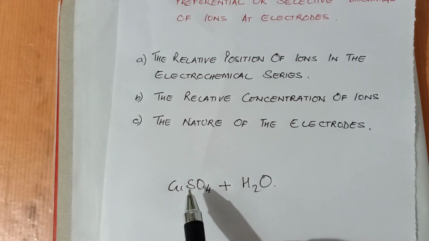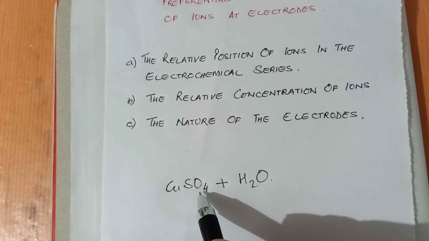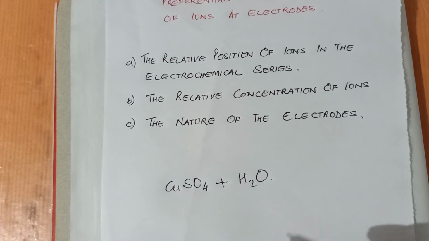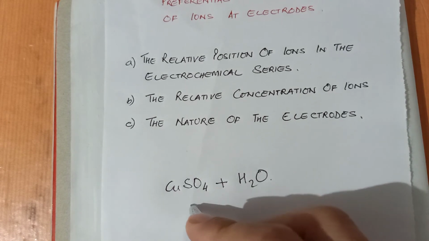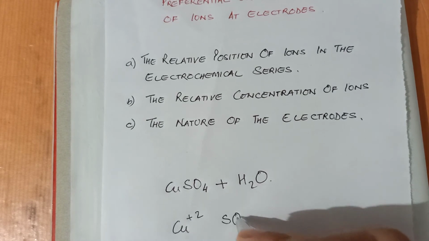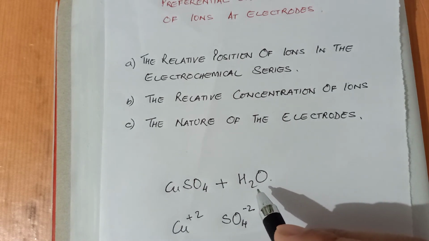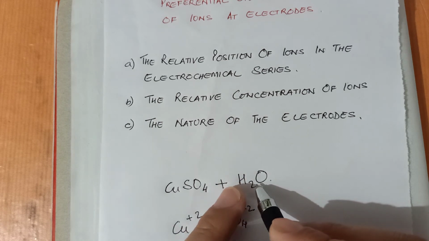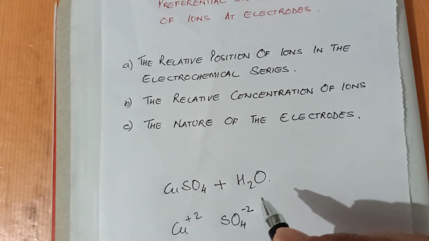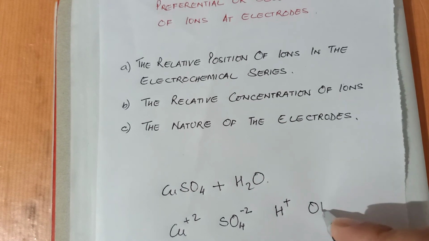When we dissolve copper sulfate in water, copper sulfate being an ionic compound, it will break down into Cu2+ and sulfate ion. At the same time, water also ionizes. Water is a polar covalent compound, so it will dissociate to produce H+ and OH-.